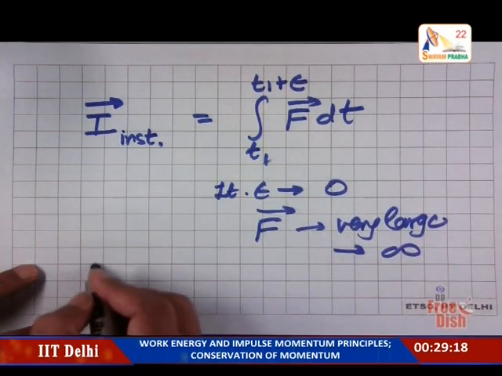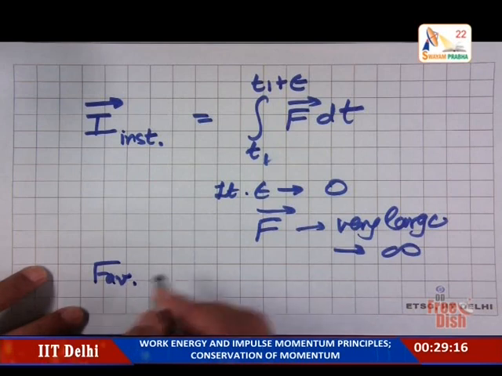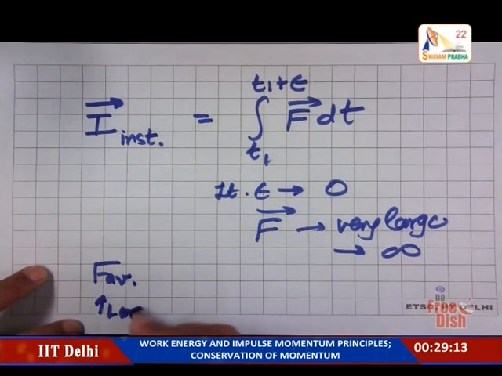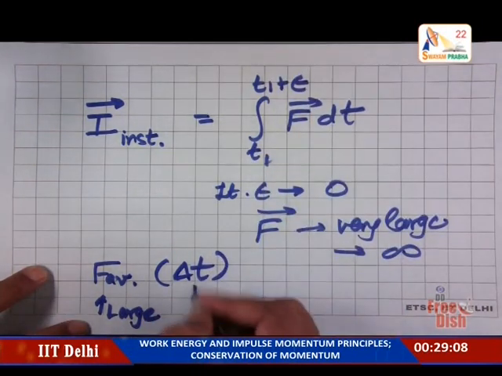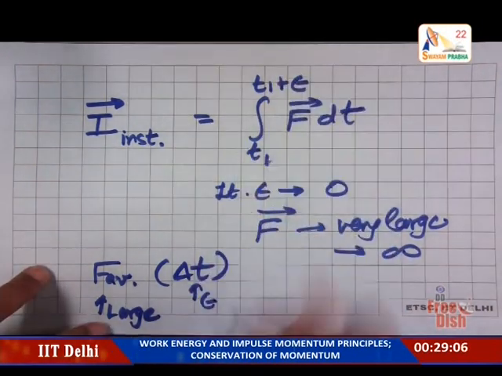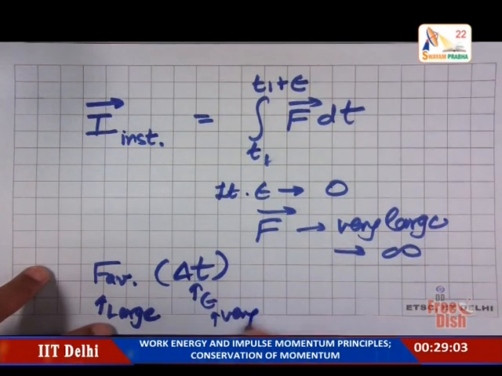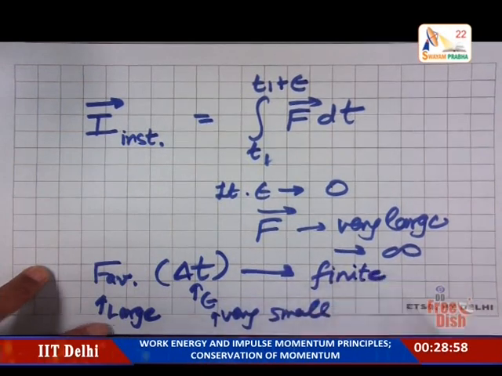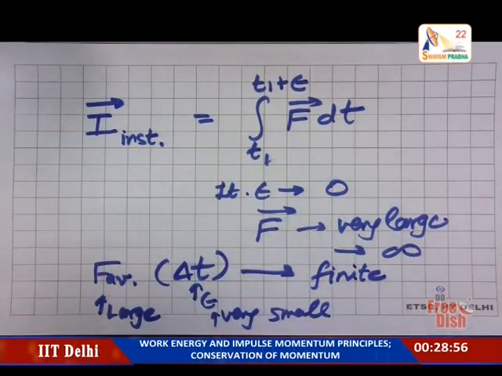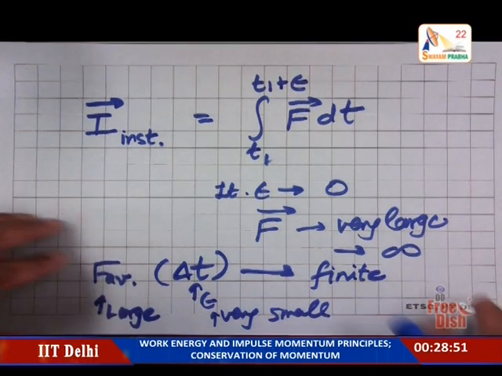If the average value of this force is f average, which is large, and we are multiplying it by the interval from T1 to T1 plus epsilon, which is basically epsilon, this delta T is nothing but epsilon, which is very small. So this product is like infinity being multiplied by 0. This will be a finite product, and this is what we call an impulsive force, and the impulse due to this force is what we call an instantaneous impulse.